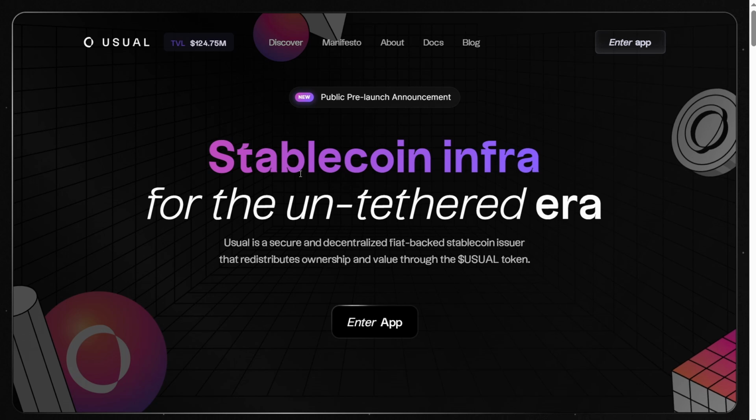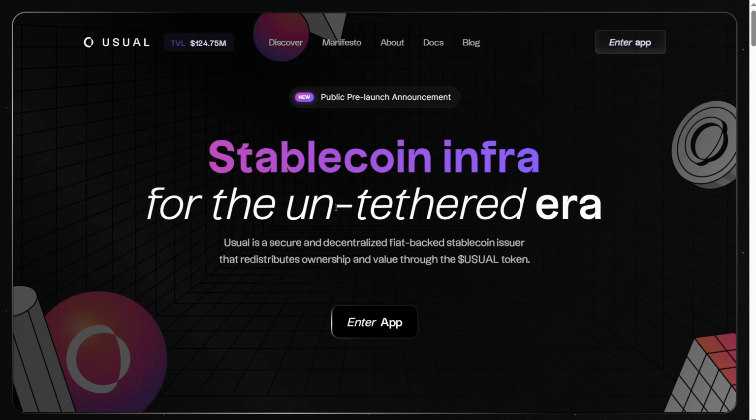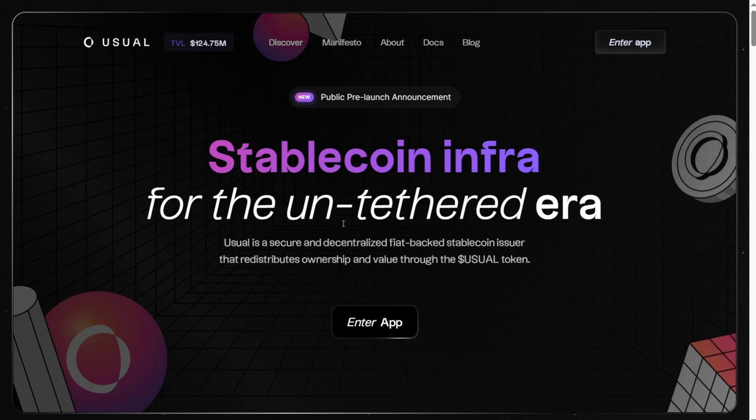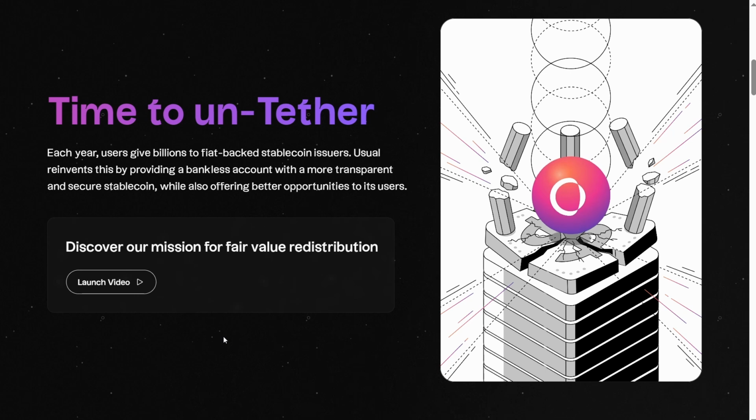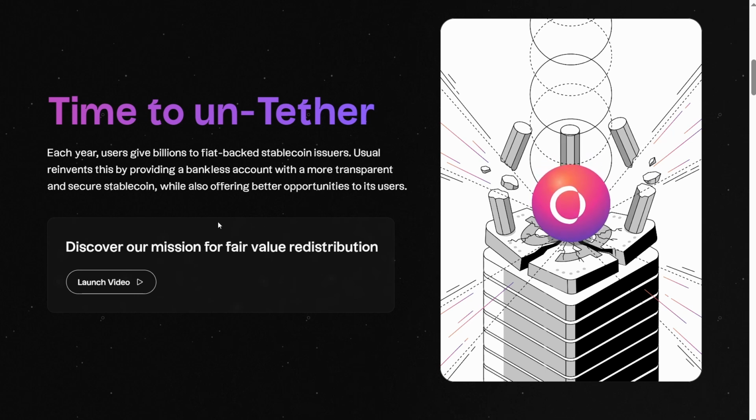What is Usual? Usual is a secure and decentralized fiat-backed stablecoin issuer that redistributes ownership and value through the Usual token. Their main idea is to create an alternative to USDT. Each year, users give billions to fiat-backed stablecoin issuers.